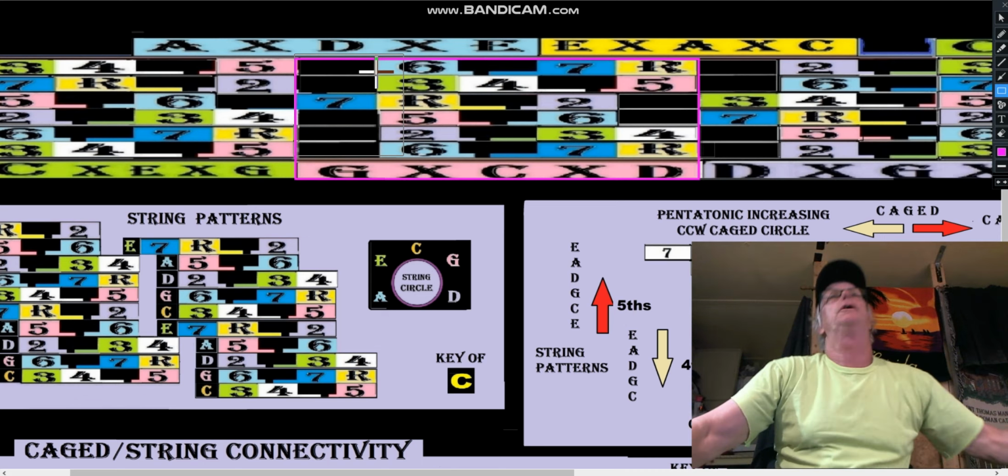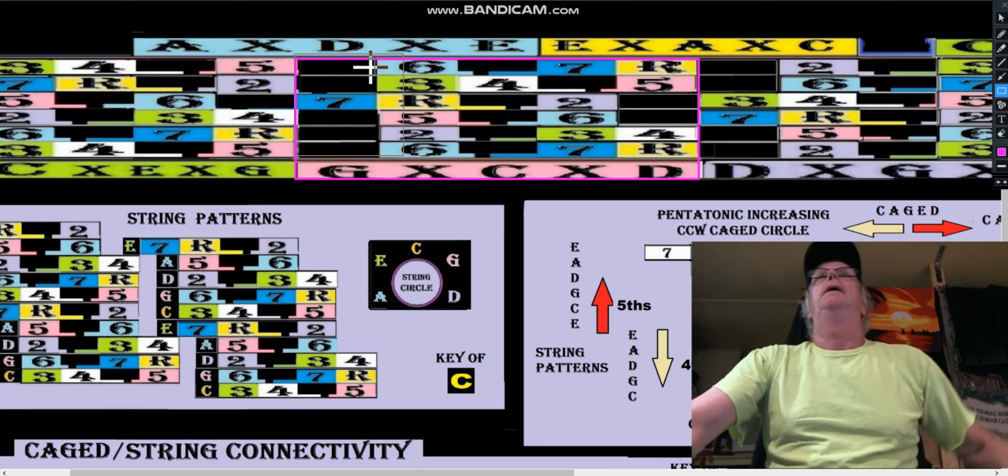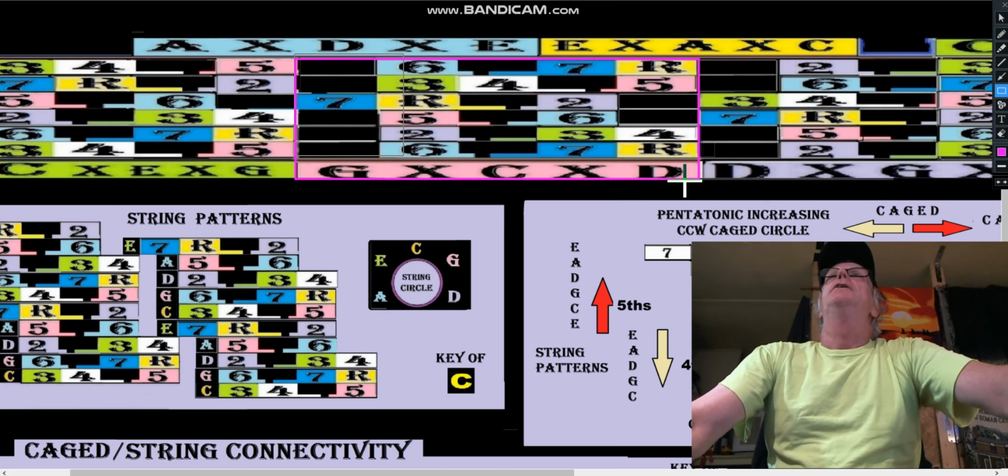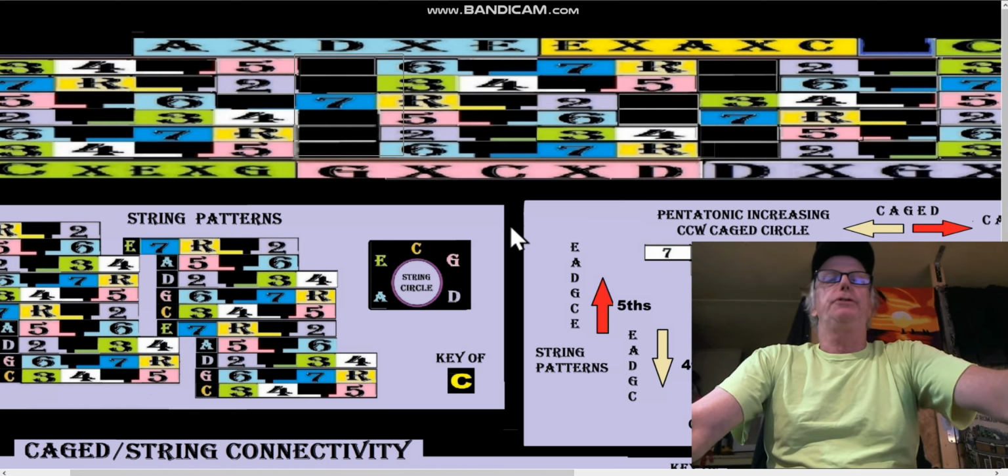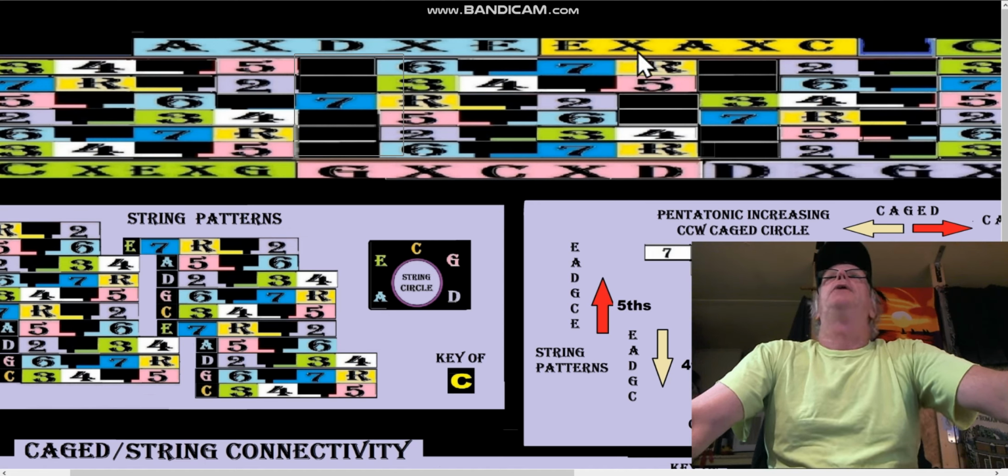So that's how the tripentatonic cage boxes work, and I don't know if people usually use them, but that's what I did. That's how I first kind of invented them.